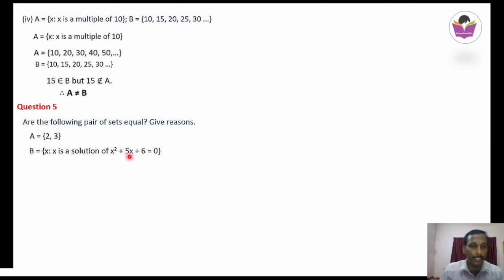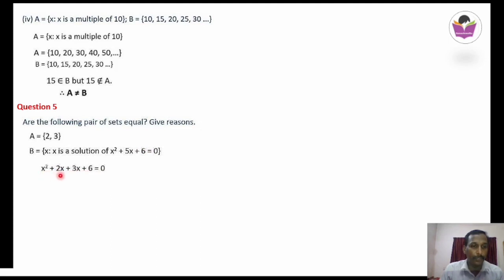So we have to split this 5x as 3x and 2x. So x square plus 2x plus 3x plus 6 is equal to 0. Why we have split: 2 and 3 adding we get 5, 2 and 3 multiplying we get the product 6. So x square plus 2x plus 3x plus 6 is equal to 0. We have split the middle term.